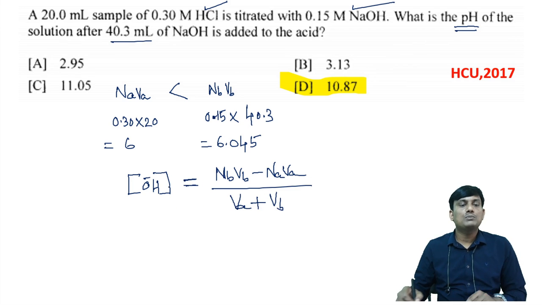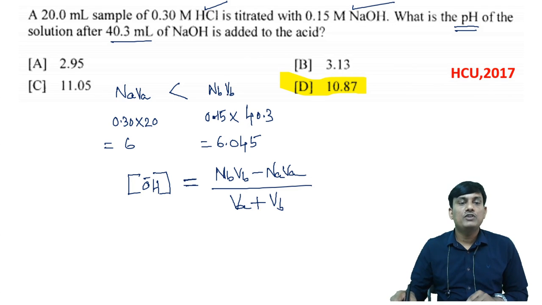So this is the formula of concentration of OH minus when NbVb is greater than NaVa. When NaVa is greater than NbVb, then you will get concentration of H plus is equal to NaVa minus NbVb by Va plus Vb.